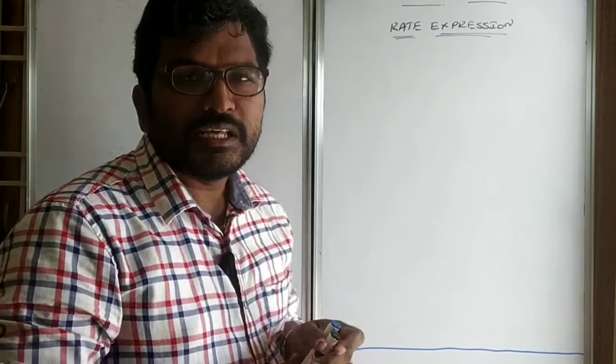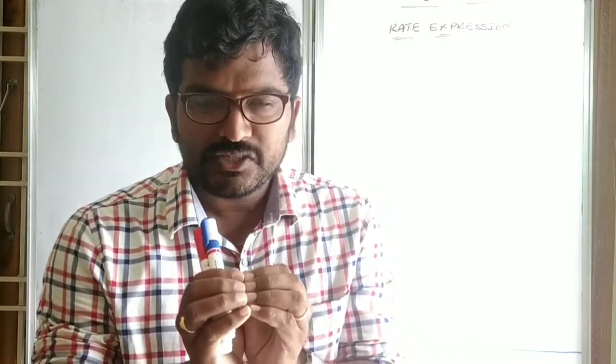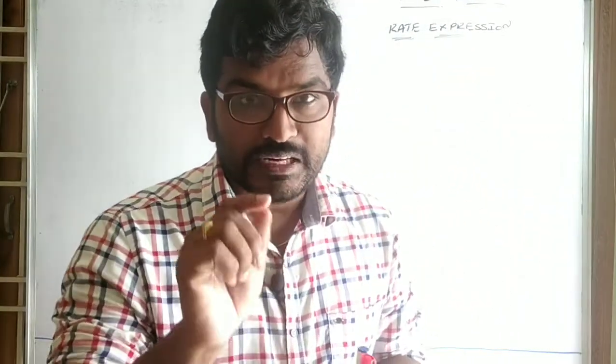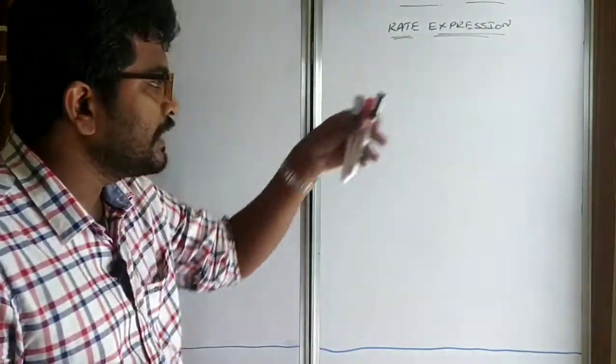Rate expression is nothing but an equation which gives an idea about the rate of the reaction with respect to each and every component participating in the reaction. This is very important. An equation which represents the rate of reaction in terms of each and every component present in the reaction is called the rate expression.